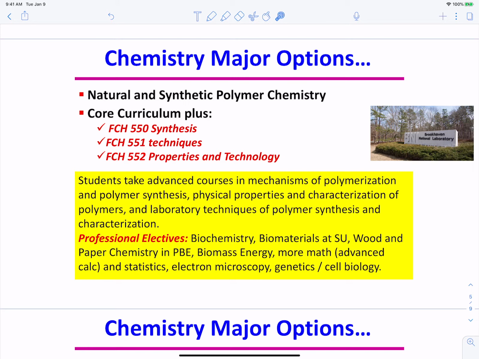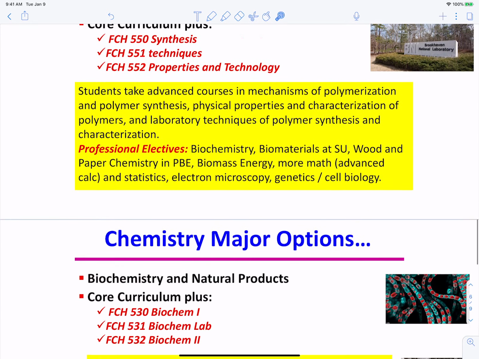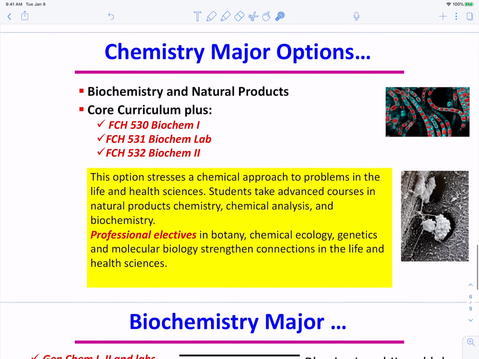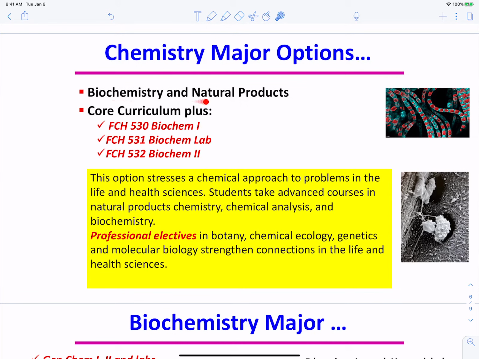And so the other option area that we have has a name of biochemistry and natural products. Now, this is not the biochemistry major. This is a major option. Most people who are interested in taking biochemistry would most likely be within the biochemistry major.